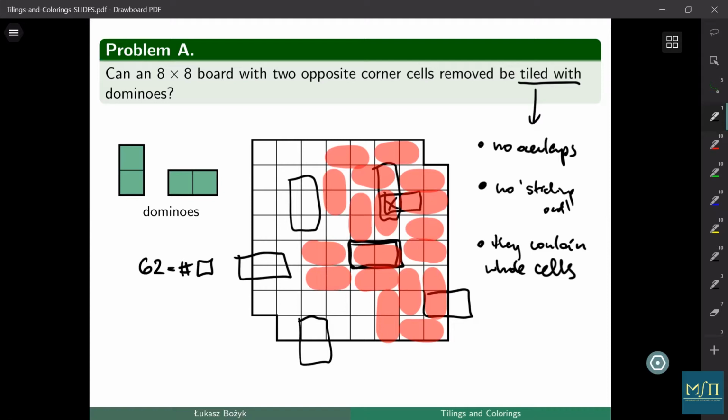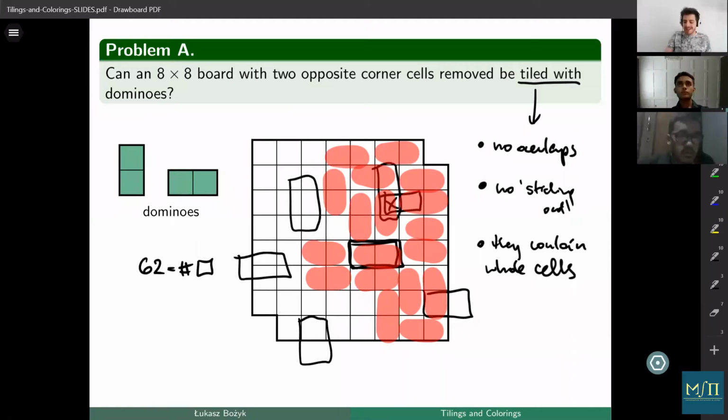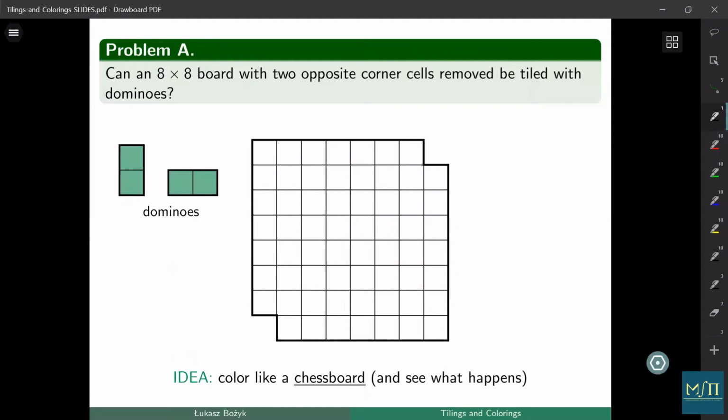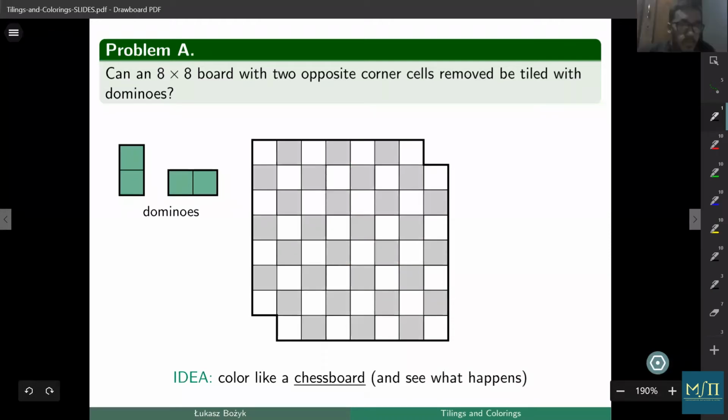Yet, it is impossible, and the argument is a bit more sophisticated. And here is what it is. The idea here to prove that it's impossible to cover is to color everything like a chessboard, so alternately black and white, and see what happens, how this chessboard interacts with our problem, the conditions.